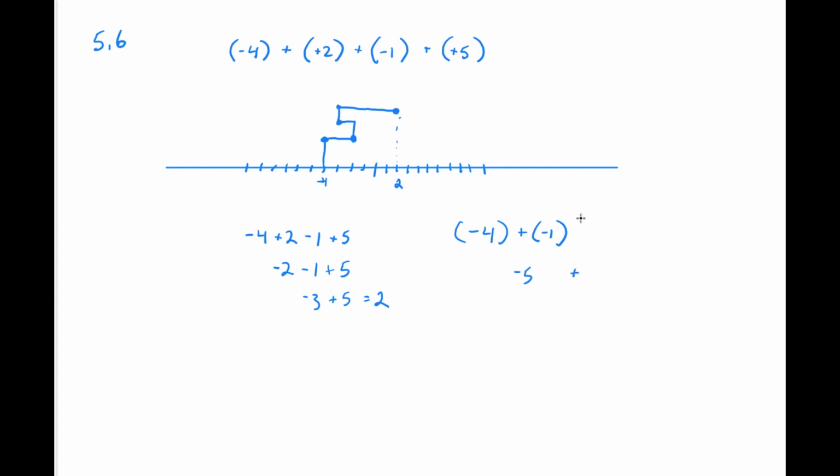And then you would have positive 2 plus positive 5. That's a positive 7, right? So we've simplified it to negative 5 plus positive 7. 7 is the bigger number. 7 minus 5 is 2, positive 2.